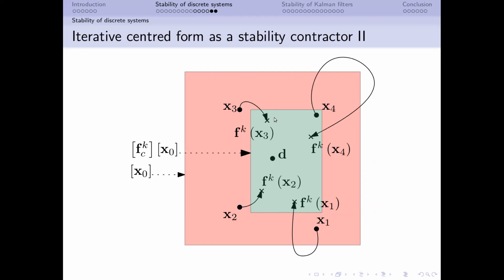And that means, according to the theorem, that the system is actually going to converge towards its fixed point D here. And we don't need any more iterations than say k. We just need at some point to check that the green box is inside the red box to prove that the system is going to converge towards D. So it's a quick algorithm.